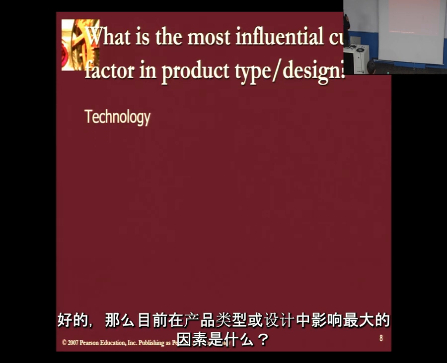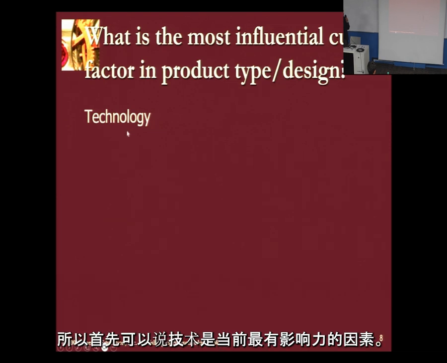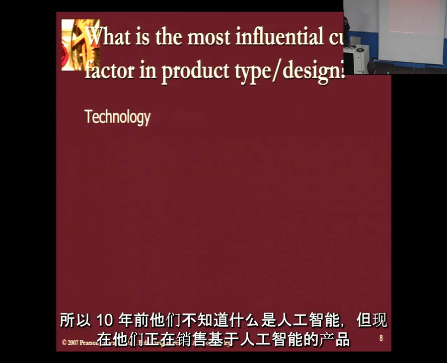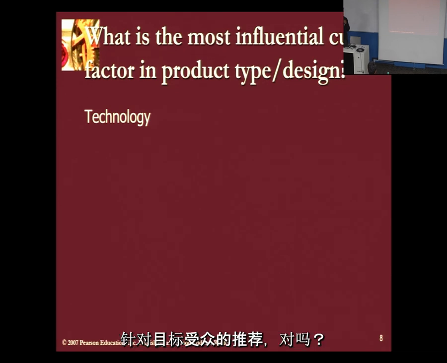What is the most influential current factor in product type or design? Technology is the first to be said as the most influential current factor. The reason is that technology keeps updating. There is a revolution happening again and again. Ten years ago, they didn't know what AI is, but now they are selling AI-based product recommendations for the targeted audience, so personalized recommendations are coming up already.